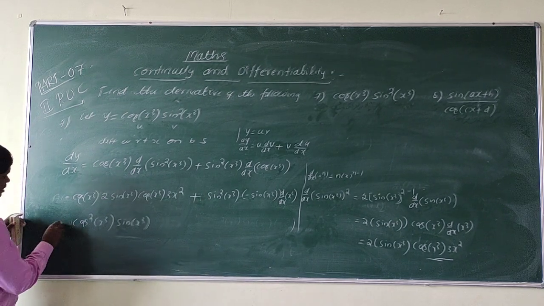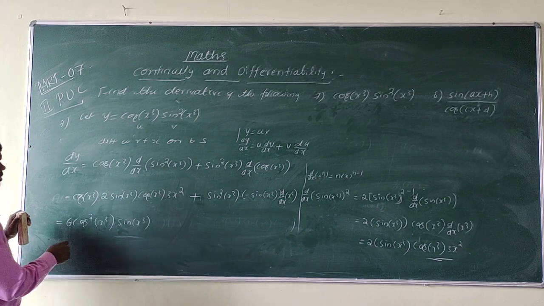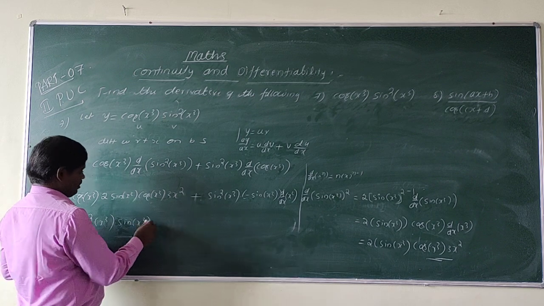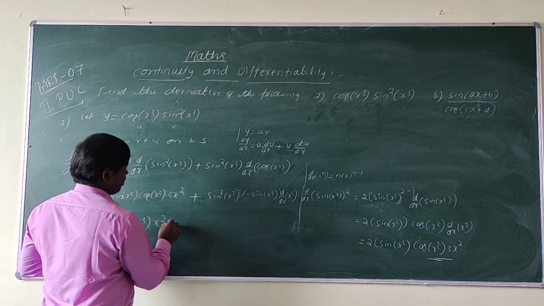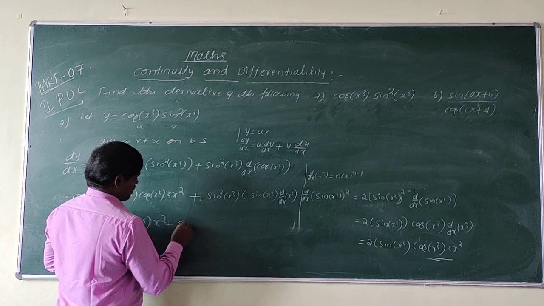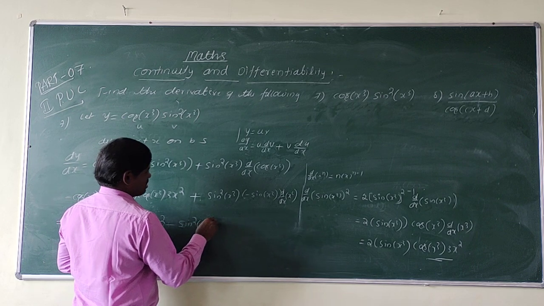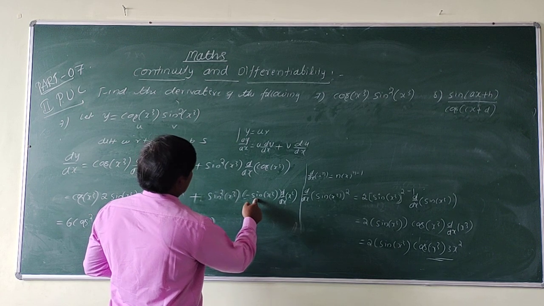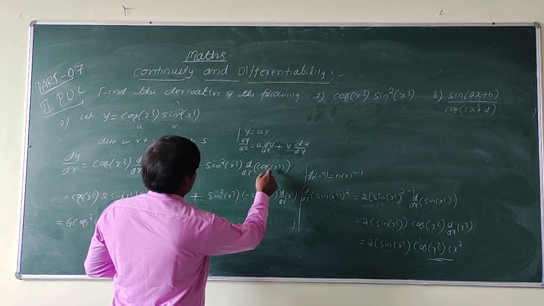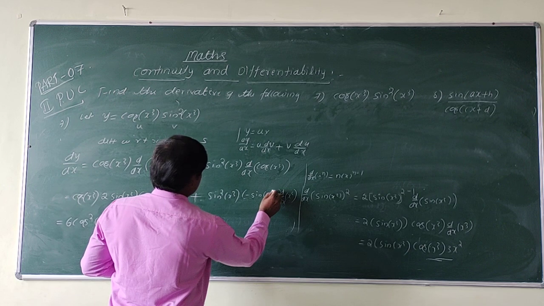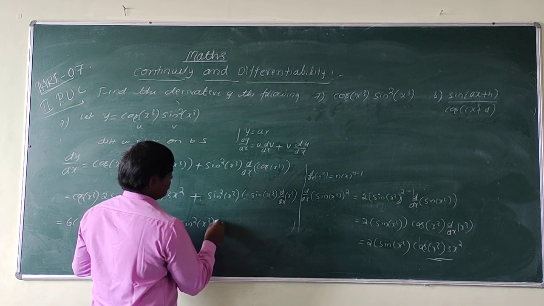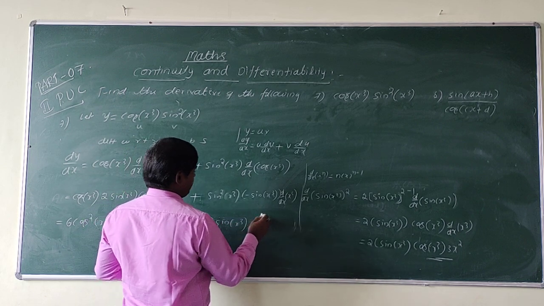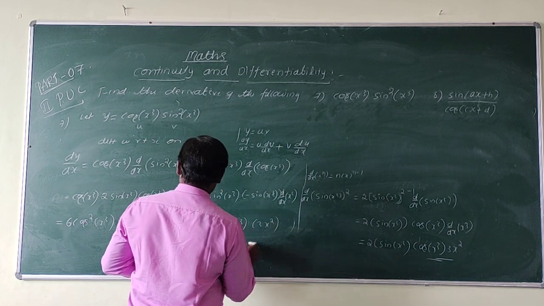I am taking this 6 into cos square x cube into sin x cube into x square, and here this is minus of sin square x cube into sin x cube, so minus of sin x cube into d by dx, that is 3x square.